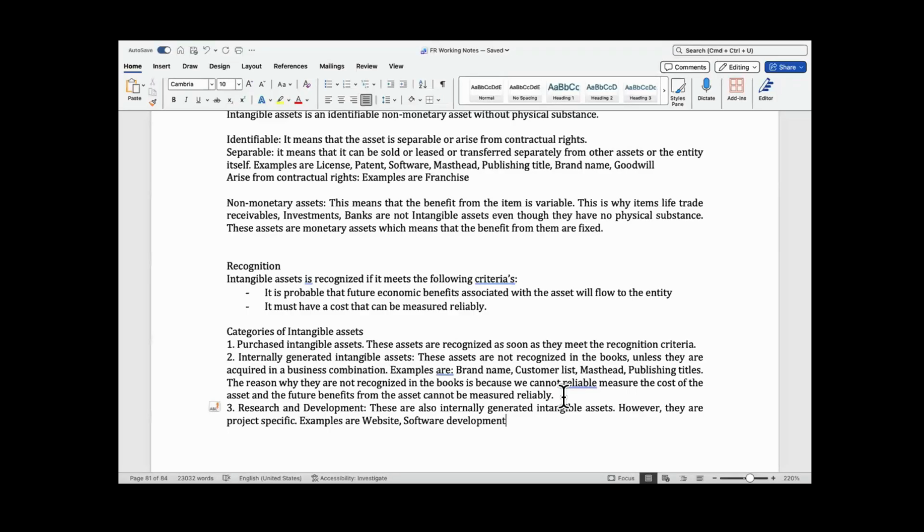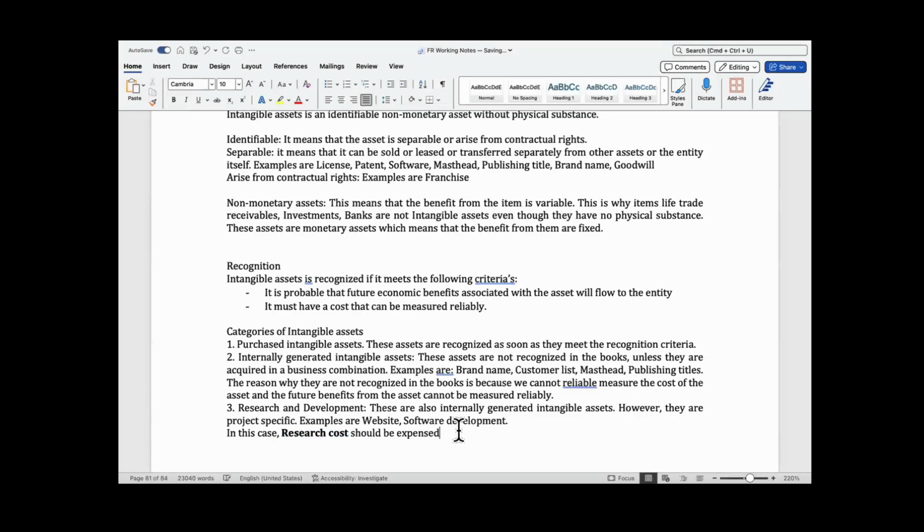In such a case, because they are project specific, we can distinguish the money we spend into research and development. Okay. And in this case, research costs should be expensed. So when you can distinguish project costs into research and development, all the research costs, you expense them.